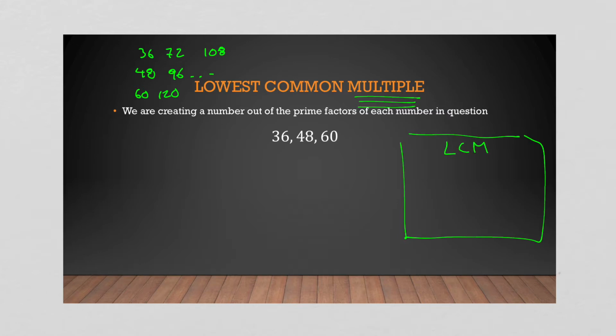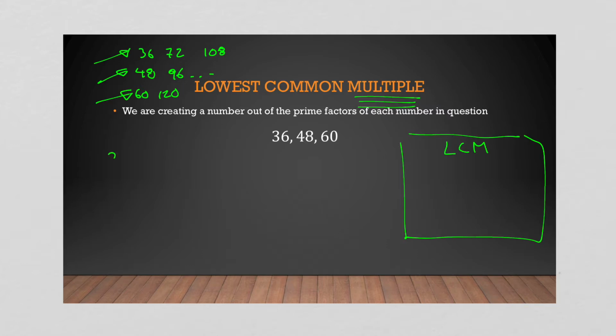It has to have the factors of all of these numbers at least in it, because you can't be a multiple of 36 if you don't contain all the factors of 36. You can't be a multiple of 48 if you don't contain all the factors of 48. You can't be a multiple of 60 if you don't contain the factors of 60.